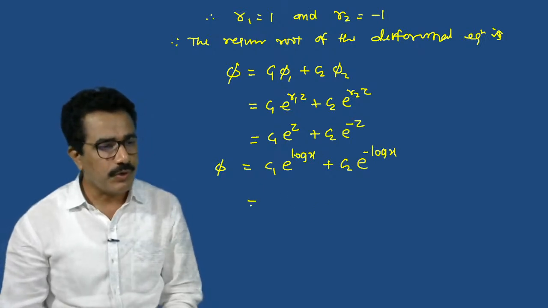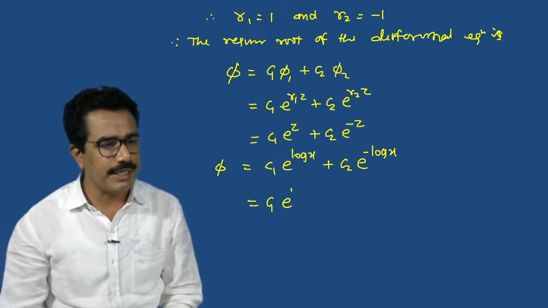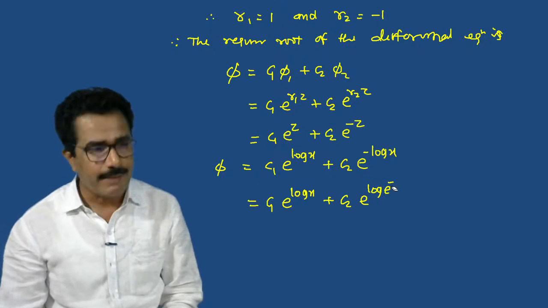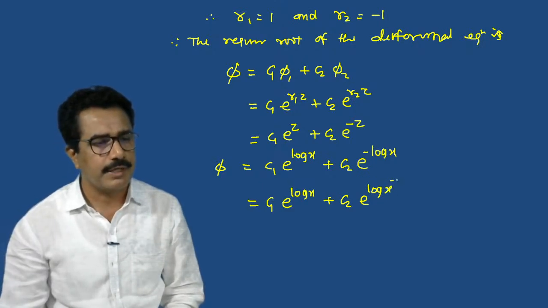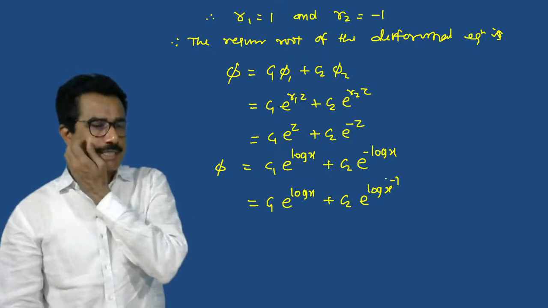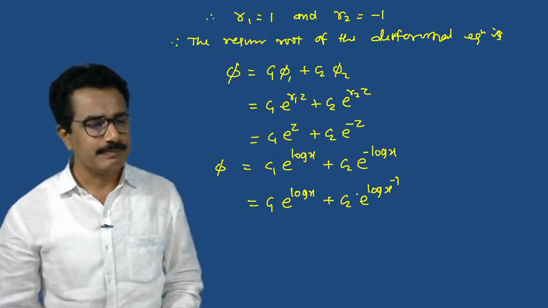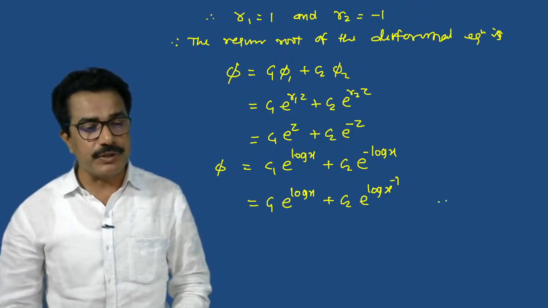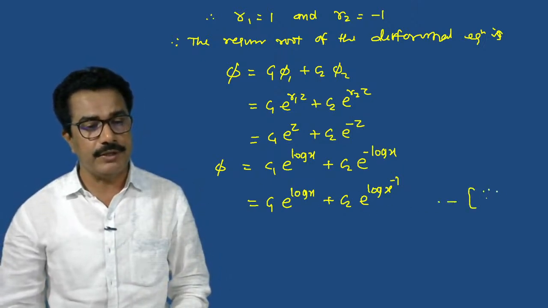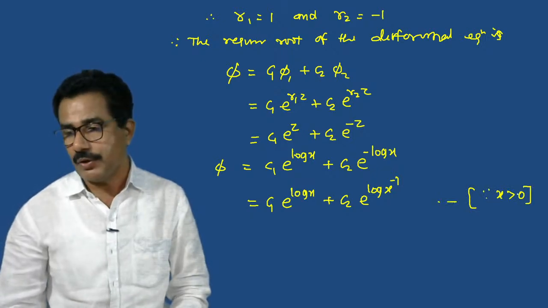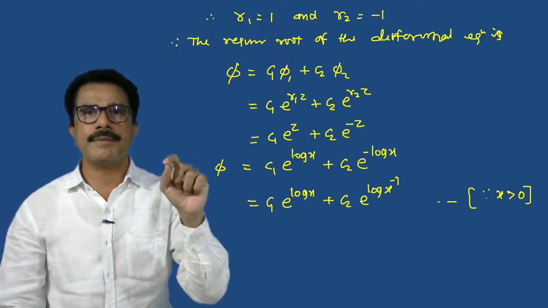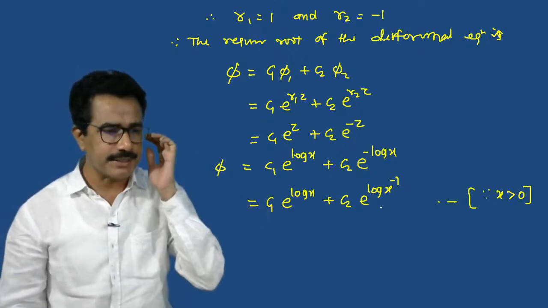See this: phi = c1 e^(log x) + c2 e^(-log x), which can be written as c1 e^(log x) + c2 e^(log x)^(-1). Now note that log x is defined here because the given condition is x greater than 0, and every term included in the logarithmic function must be greater than 0, so this is correct.